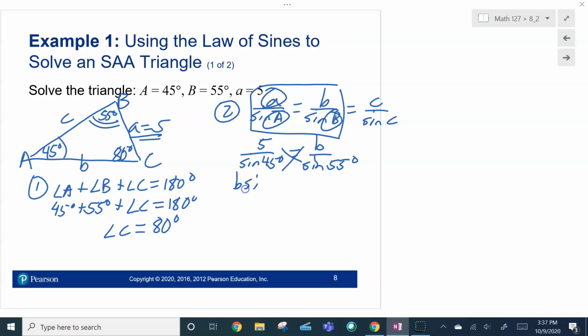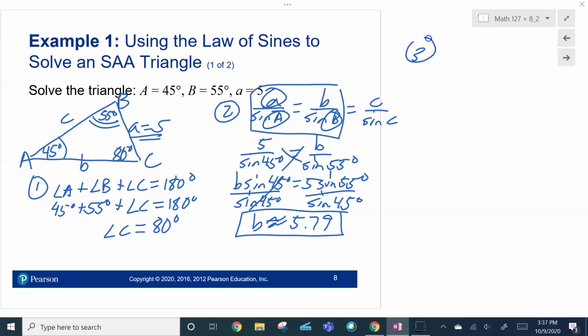So b times sine of 45 degrees equals 5 times sine of 55 degrees. Divide both sides by the sine of 45 degrees. And your b ends up being, punch this in, 5.79228, so about 5.79.